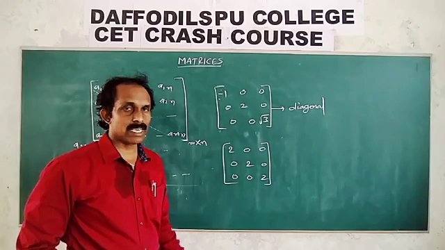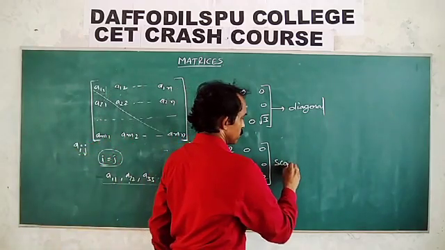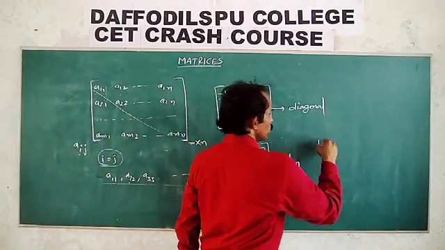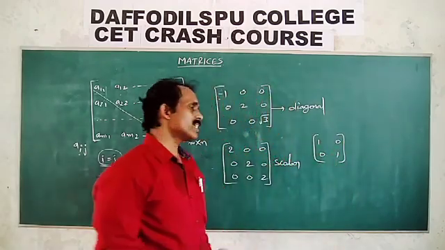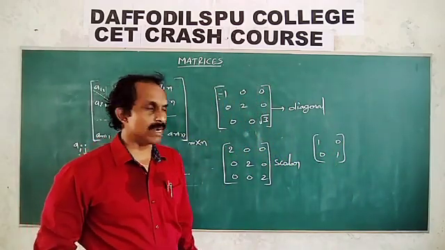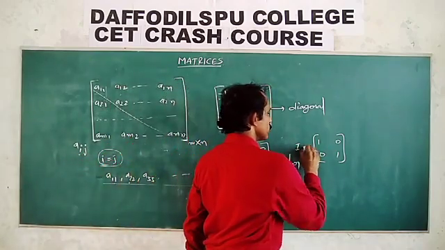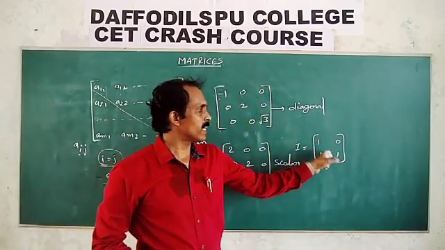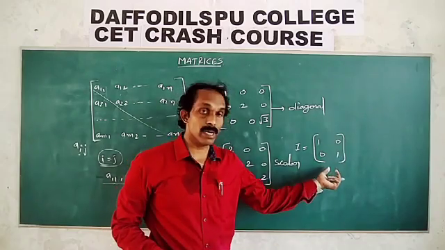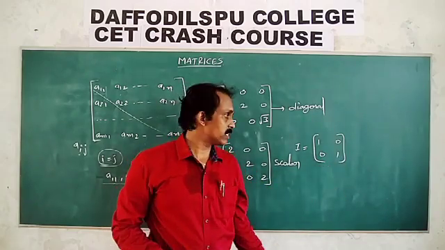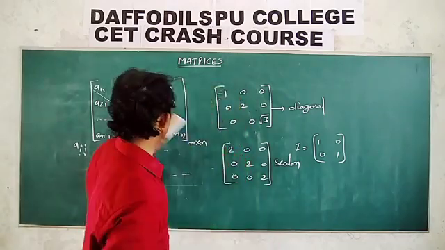Next, the unit matrix: a square matrix, either 2 by 2 or 3 by 3, is said to be a unit matrix or identity matrix, denoted by I, when diagonal elements are equal to 1 and non-diagonal elements are equal to 0. These are some definitions of the matrix.